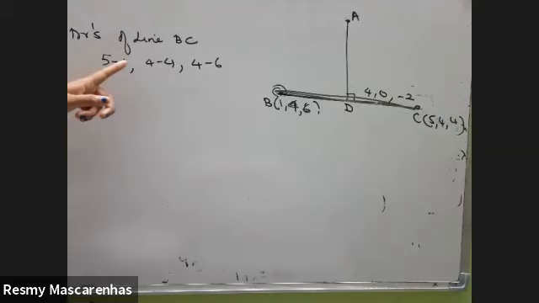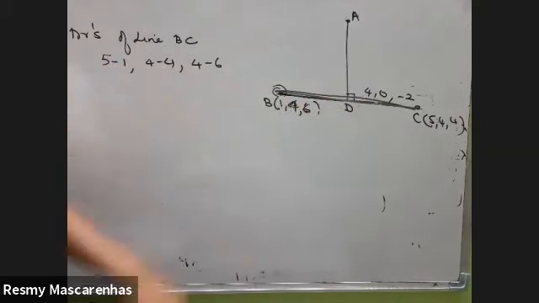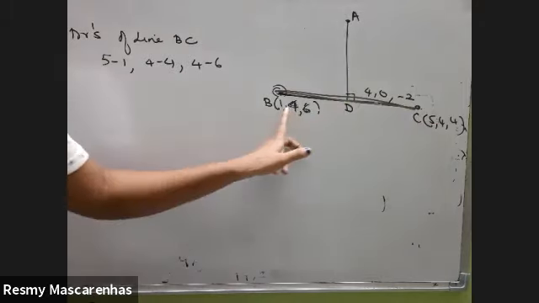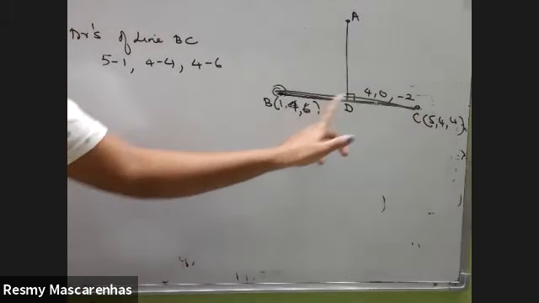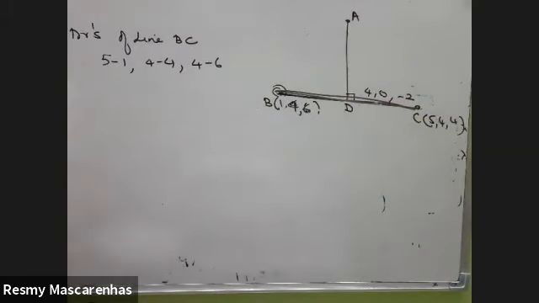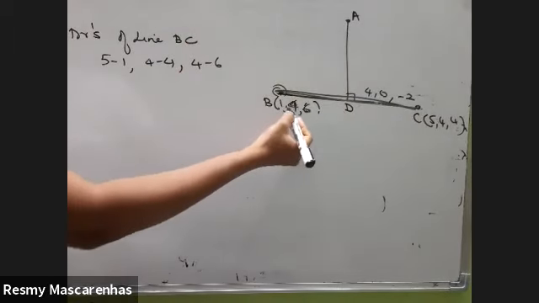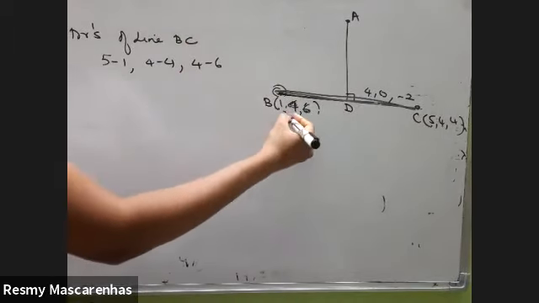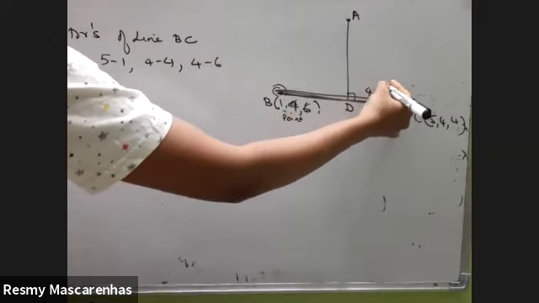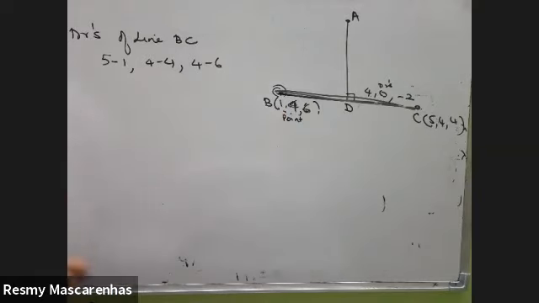You don't even have to show this. Straight away you can write on the line: direction ratios is 5 minus 1, that is 4, 4 minus 4, that is 0, and 4 minus 6, that is minus 2. So these are my direction ratios, and this is my first point. Always take the first point while finding the Cartesian equation.